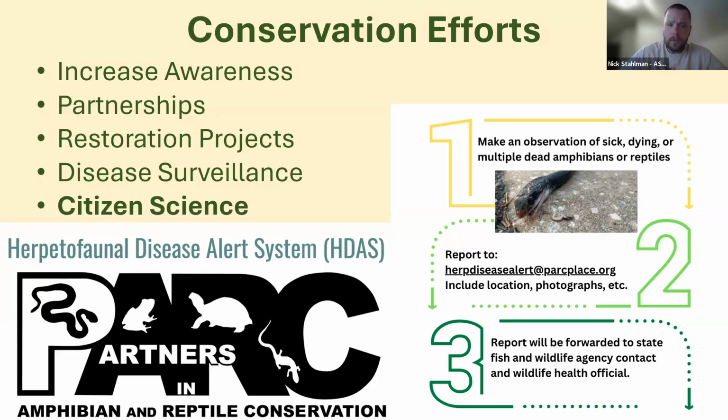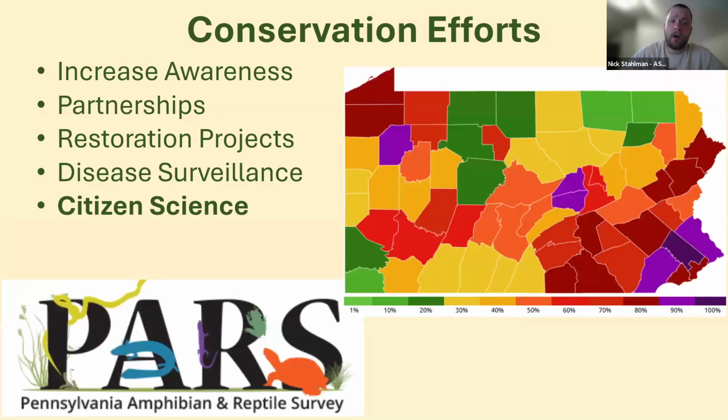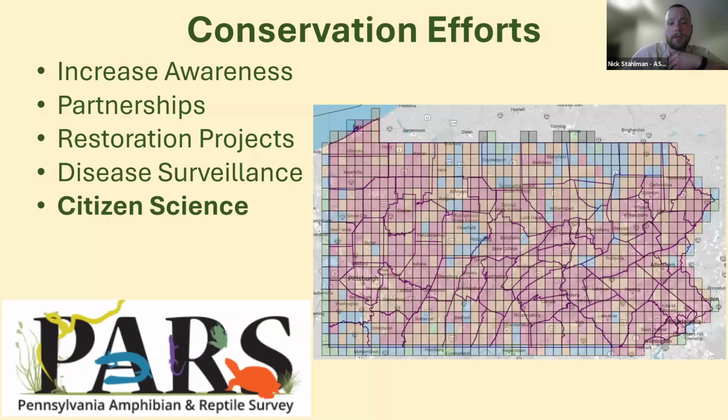Speaking of citizen science, there is an awesome one going on still. This is the Pennsylvania Amphibian and Reptile Survey, a state-sponsored Atlas project launched in 2013. This is a joint venture between the PA Fish and Boat Commission and the Mid-Atlantic Center for Herpetology to try to really catalog the diversity of reptiles and amphibians in Pennsylvania.